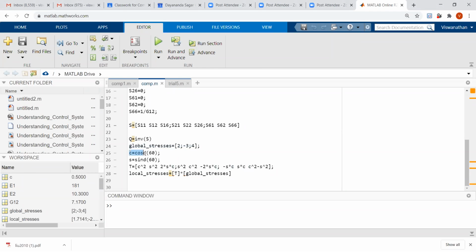And then we defined the angle as cos D. D means degrees here; since you are entering 60 in degrees, use the D there. And then this is the transformation matrix, and you're getting the local stresses from the global stresses. Global stresses are known, so you are using the transformation matrix to find the local stresses.